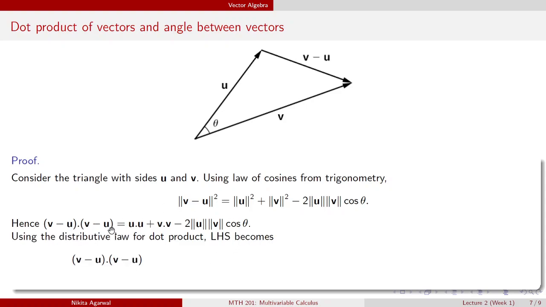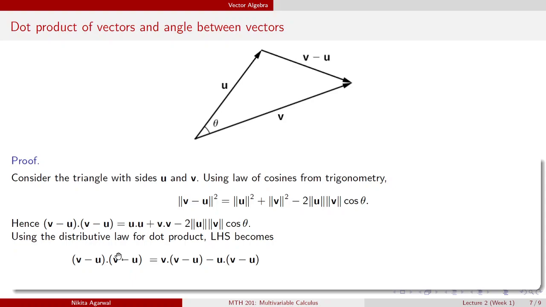Now you consider the left hand side, which is v minus u dot v minus u, and you use the distributive law for dot product. I did not mention the distributive law, I'll mention it in the notes. But you remember one of the properties we looked at about dot product, the dot product of a vector with a sum of vectors.